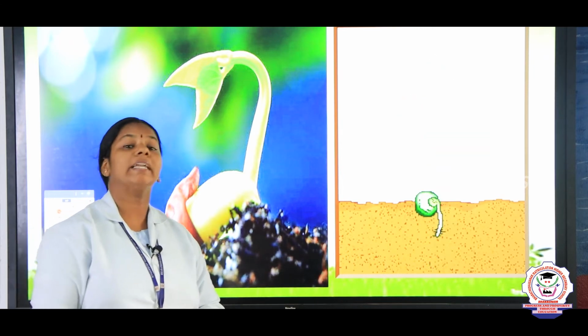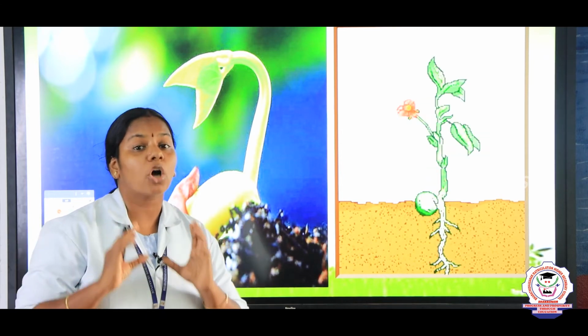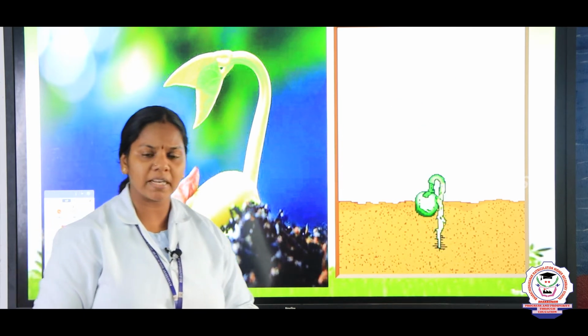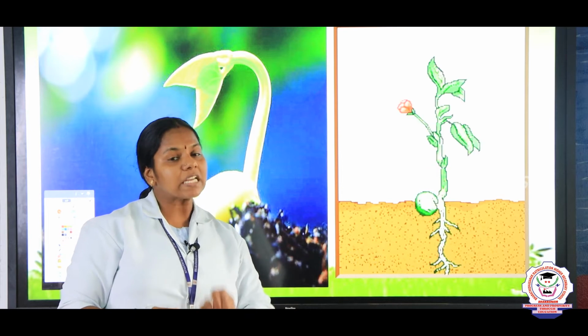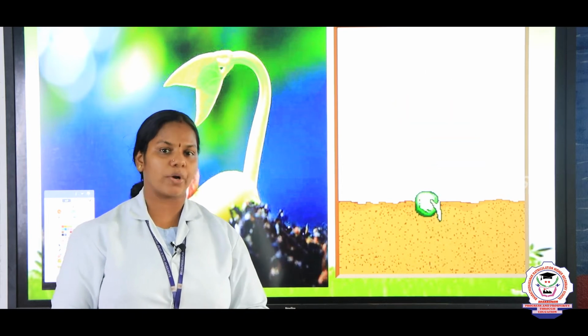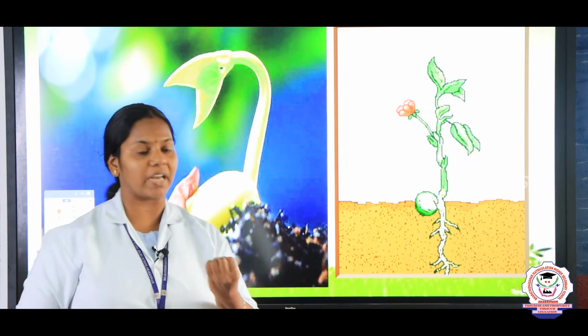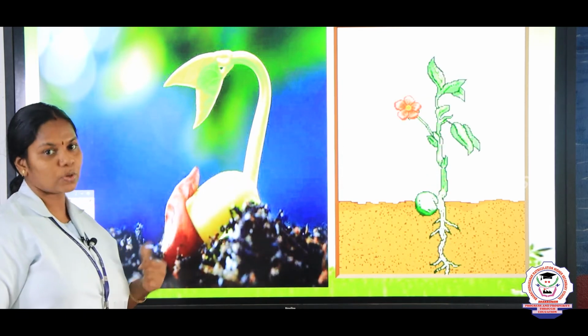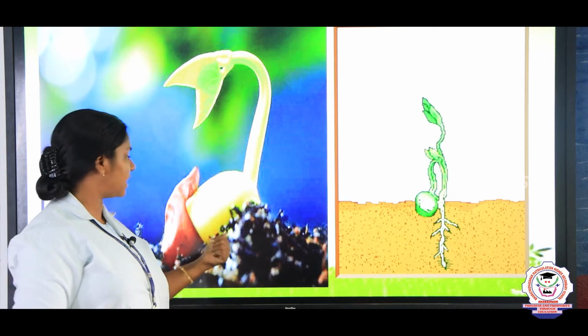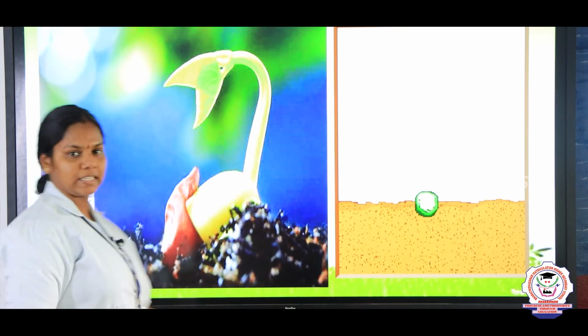No, right? It remains dormant for some time. Dormant in the sense inactive, right? The seed develops itself inside the soil and later on it starts to germinate and continue to grow into a new plant. So, in this chapter we are going to see about the structure of a seed.